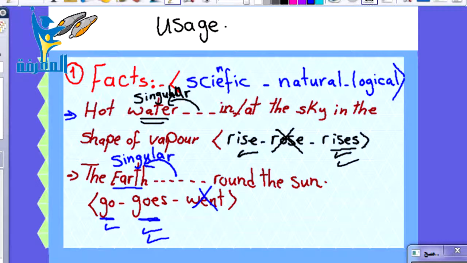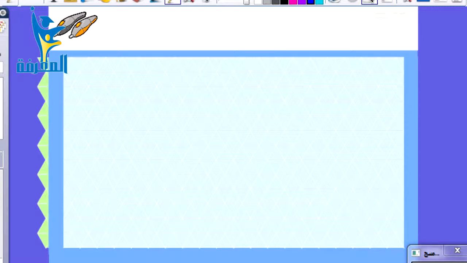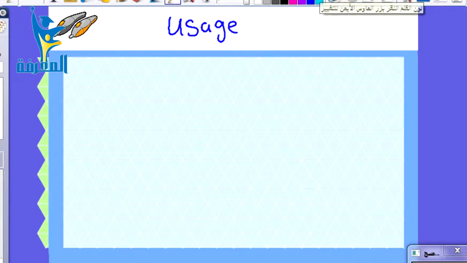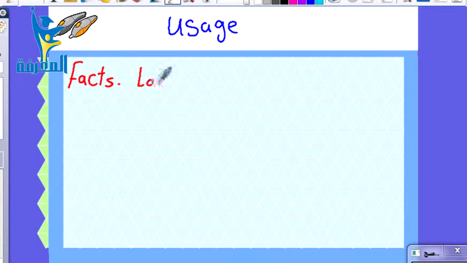Let's go to the logical fact. Again, we are talking about the usage of the present simple tense, and we are still talking about facts. The last one of the facts is the logical one, which all people accept without thinking. I'll give an example without a space.